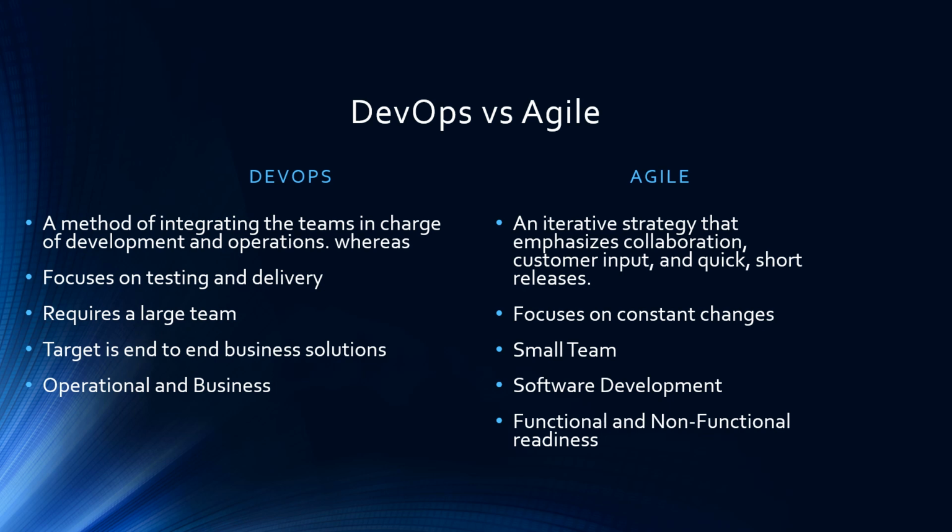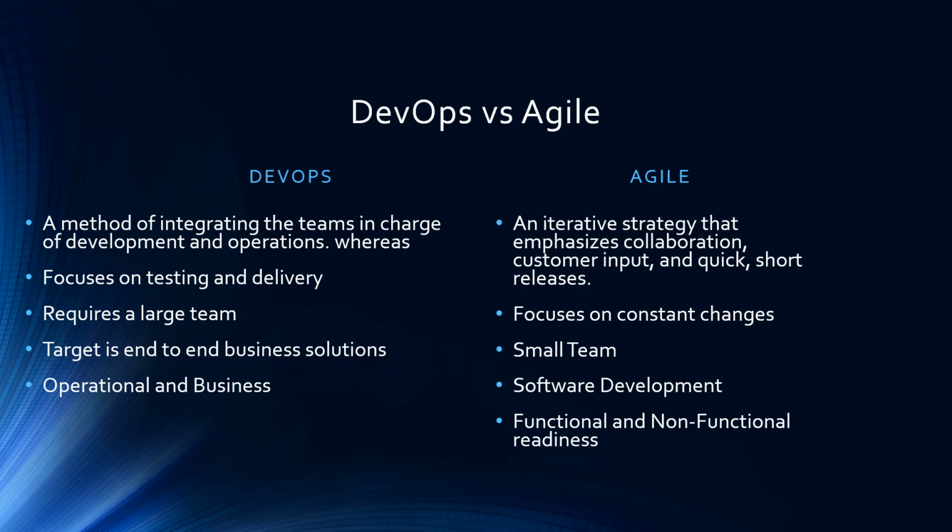DevOps versus Agile systems. DevOps is a method of integrating the teams in charge of development and operations, whereas Agile is a system strategy that emphasizes collaboration, customer input, and quick, short releases. DevOps focuses on testing and delivery, and the Agile system focuses on constant changes. So DevOps is a little bit more stable and to the point.